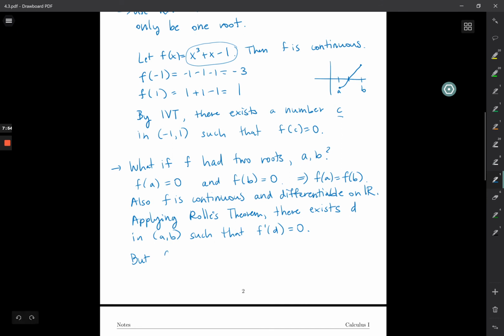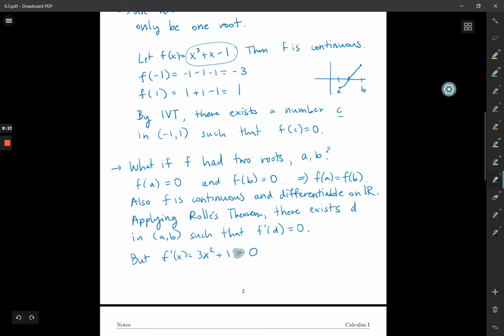If we compute this just using the power rule, this is 3x squared plus 1, that's the derivative, right? But notice that this is never going to be 0, right? So this is a quadratic function that is facing upwards, and it never is equal to 0.